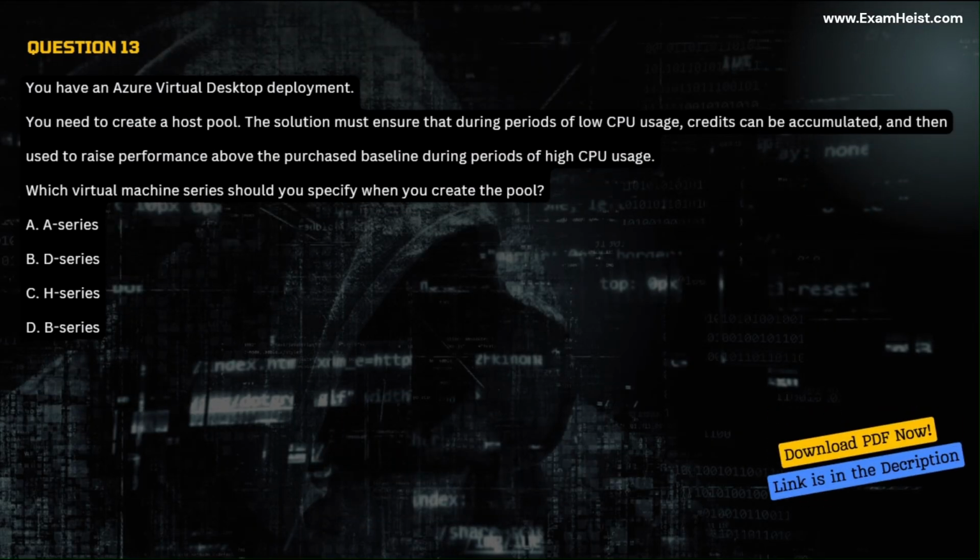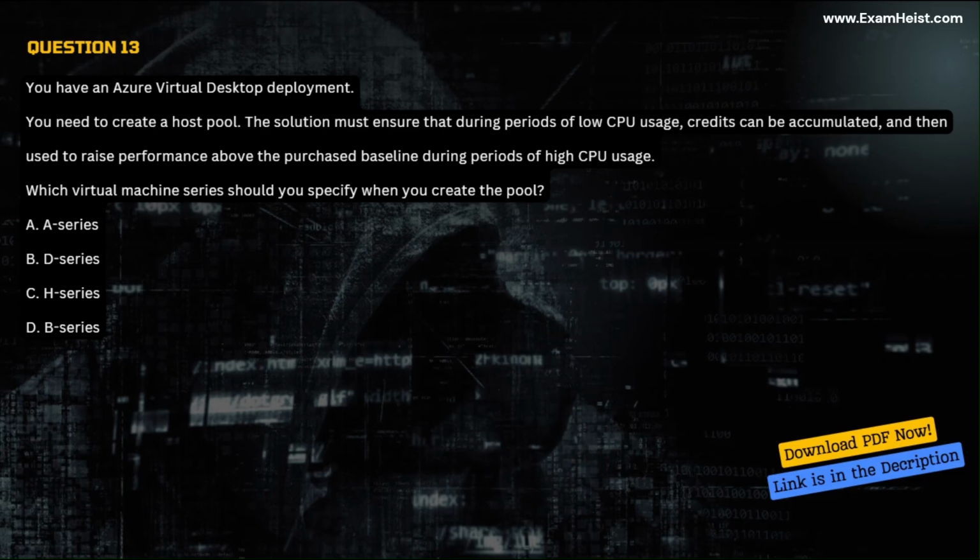Question 13. You have an Azure Virtual Desktop deployment. You need to create a host pool. The solution must ensure that during periods of low CPU usage, credits can be accumulated, and then used to raise performance above the purchased baseline during periods of high CPU usage. Which virtual machine series should you specify when you create the pool?